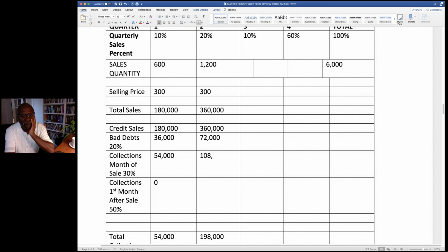I'll take your word for it. So that would be 30% of 360, right? Yes. Then we're going to collect what? 50% of the prior quarter. So we get 90,000.